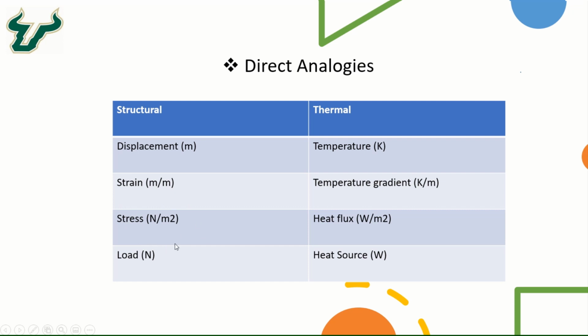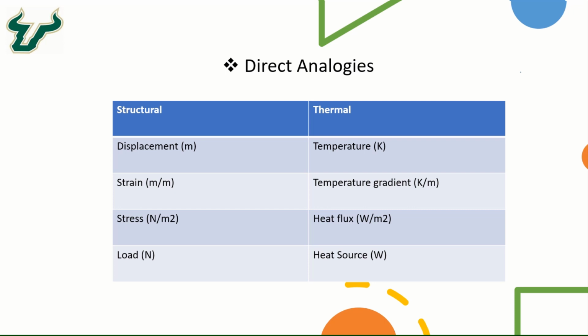Stresses induced in the structural simulations are compared with the heat flux, which is given in terms of watts per meter square, and the load or the external disturbance parameter is equivalent to the heat source in the thermal simulation. So there are direct analogies between the structural and the thermal simulations, and a similar set of equations can be formulated for thermal studies as we have done for the structural simulation studies using the direct formulation method.